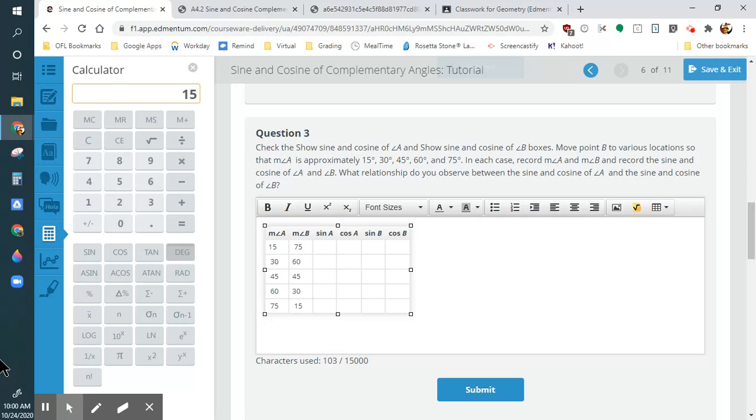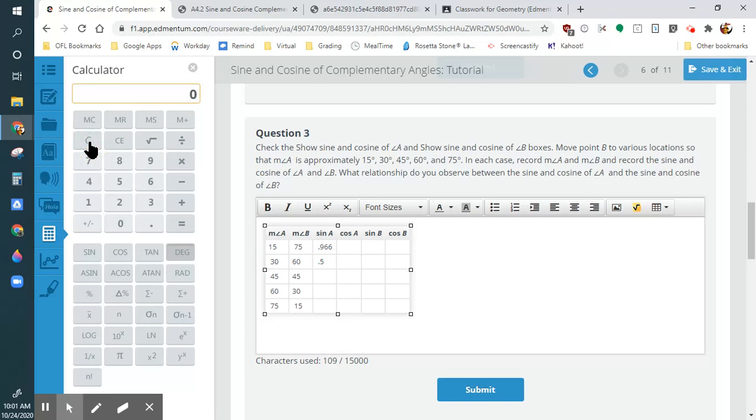So we're going to do 15 and we're going to do cosine and we're going to get 0.966. I'm just going to do 3 decimal places just to make this faster. Clear this out. Then we do 30 of sine. We get 0.5.